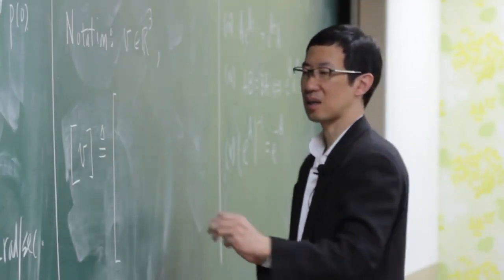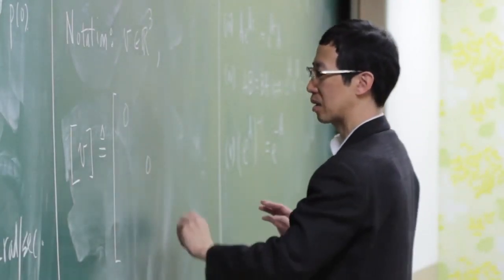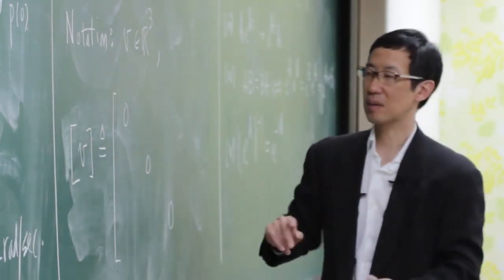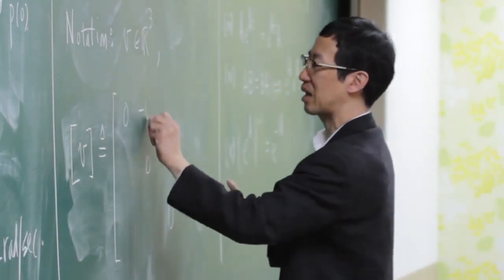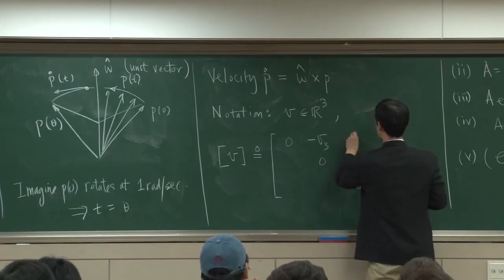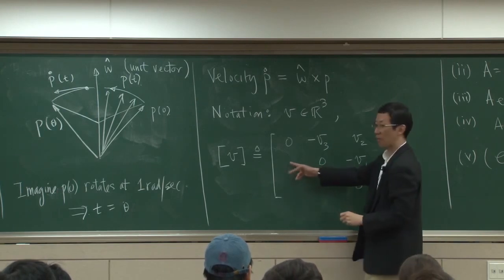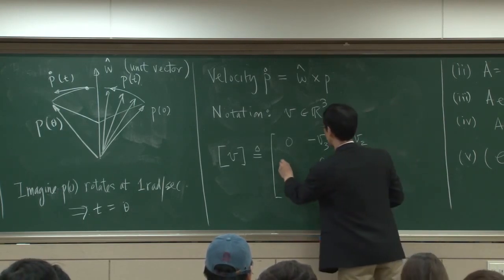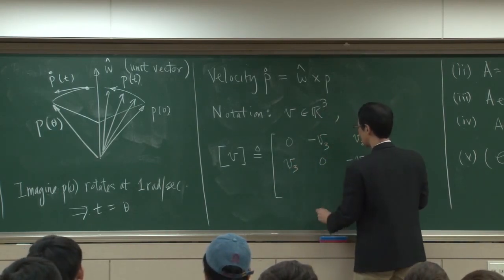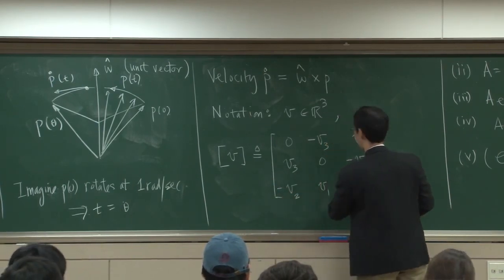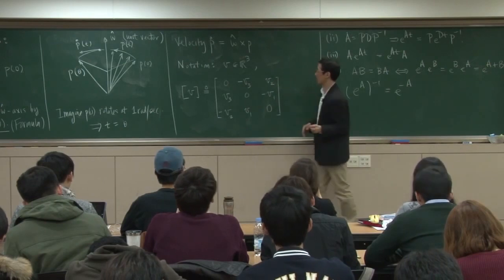It's going to have zeros on the diagonal, and in the off-diagonal terms I'm going to arrange v in this fashion: minus v3 here, plus v2 here, minus v1 here. Over here I'm going to switch the signs: plus v3, minus v2, and plus v1.